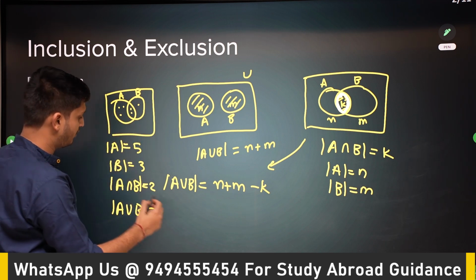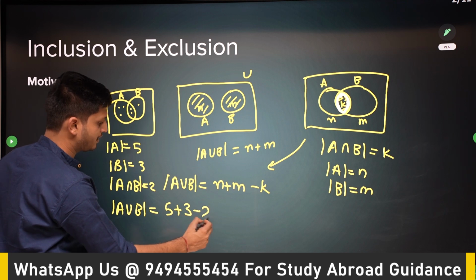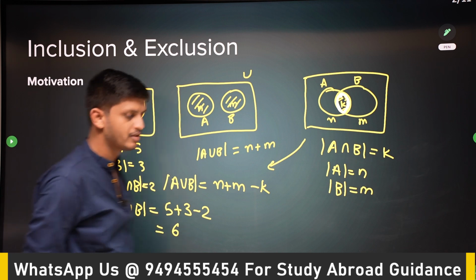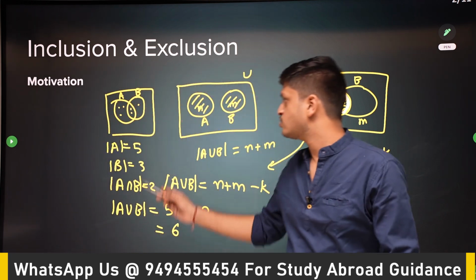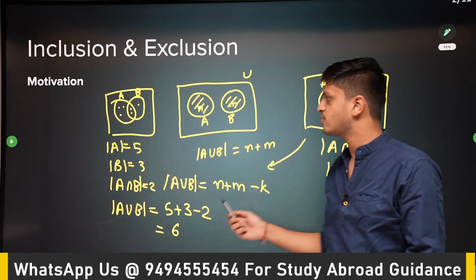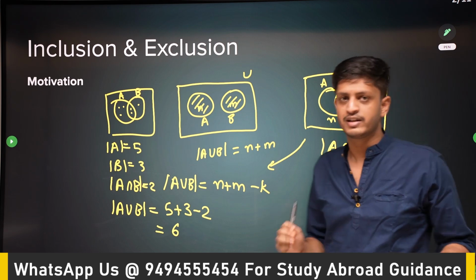From the formula we have cardinality of A plus cardinality of B minus cardinality of A intersection B, which is 6. Since we were counting these 2 elements twice, we have to subtract them once. This is what the principle of inclusion-exclusion is. Since we overcounted, we are excluding them.